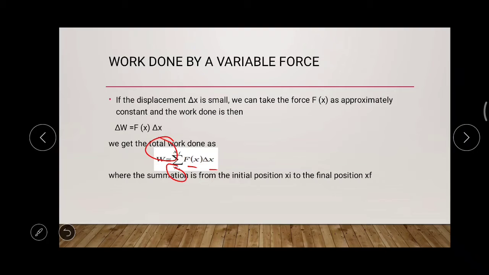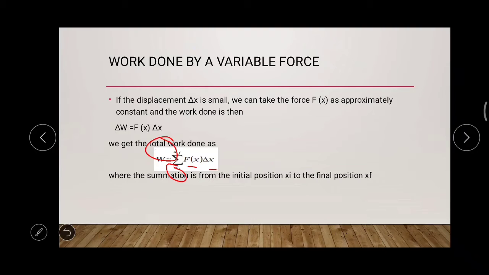For a particular displacement, the f of x value may be fixed, and for that distance the work done is the force value into the displacement. Again, for the next displacement x2, the force will be some other value, maybe increased or decreased. On the basis of that, you also do force into displacement there, and afterwards you take the sum.